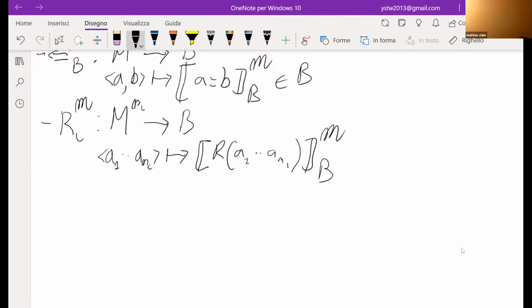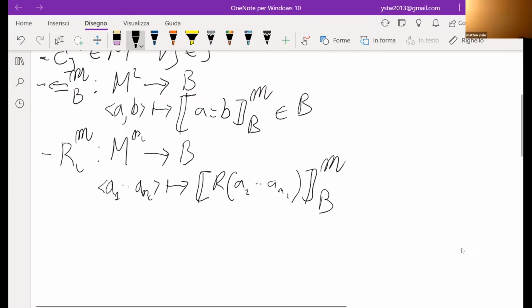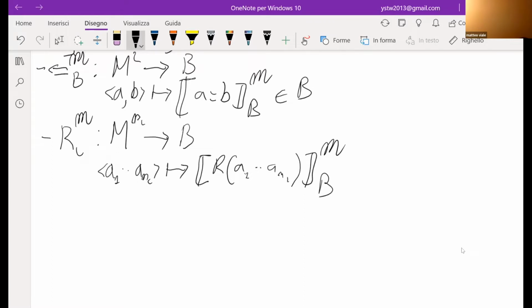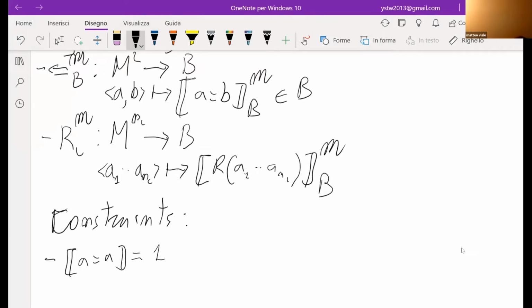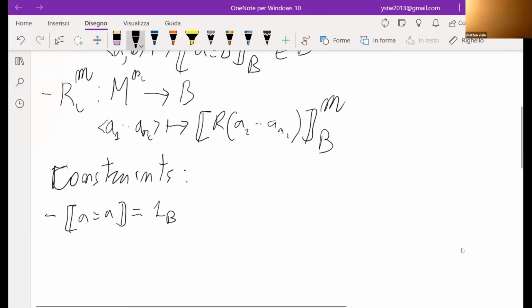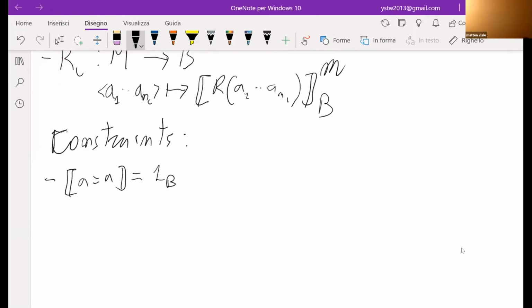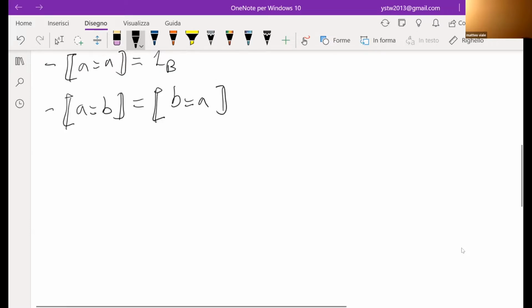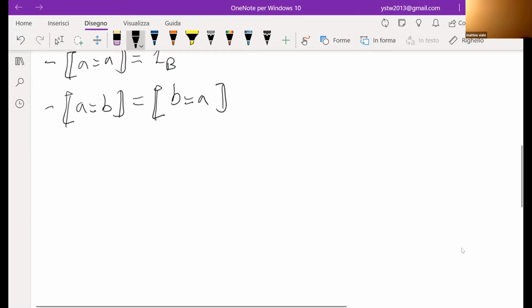interpretation. In order to make everything consistent with the intended and expected meaning of equality and relations, we have the following constraints. The first constraint is that equality on identity gets truth value 1, so it's true. And then that equality respects symmetry. And then we need also that equality is transitive.